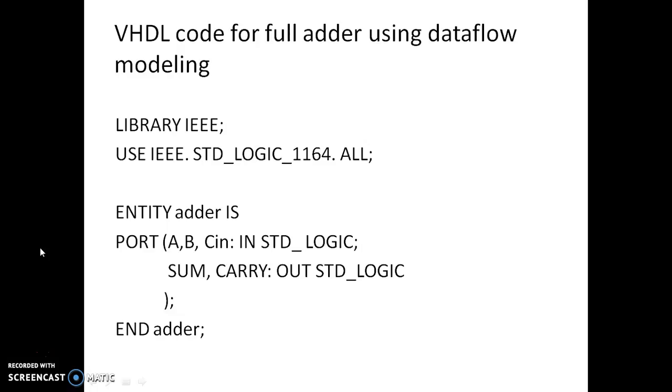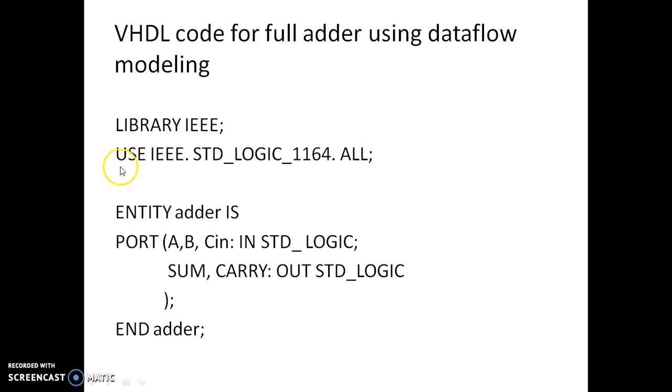So we have seen that any VHDL code consists of library, entity and architecture. First we are going to write a library for the full adder. So this is the library. Library IEEE means we are going to use the standard library, that is the IEEE library for VHDL. Use IEEE, use is a keyword.